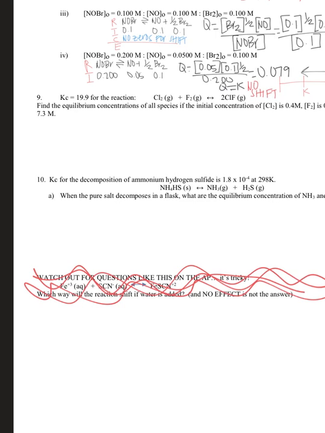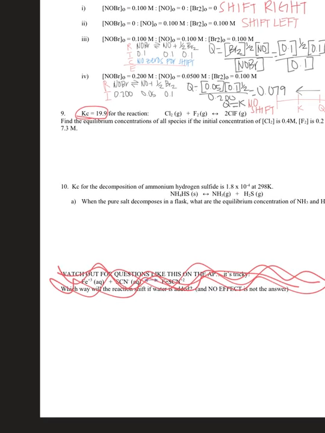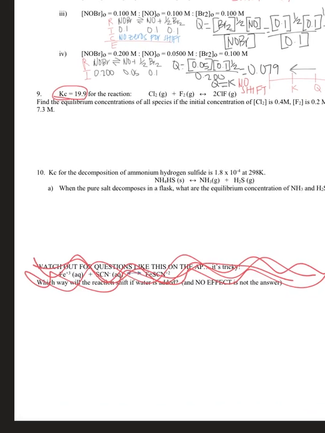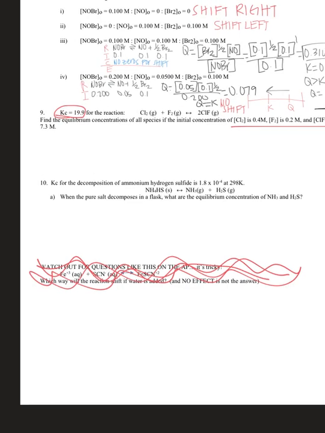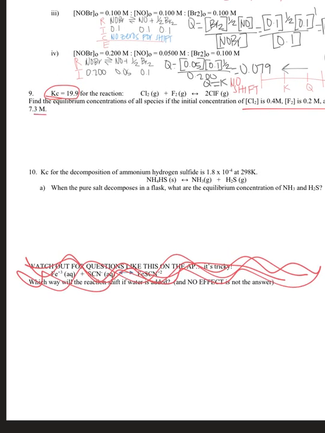All right, so it says that my Kc for the reaction is 19.9. It wants you to find the equilibrium concentrations of all species if the initial concentrations are given to you this way.